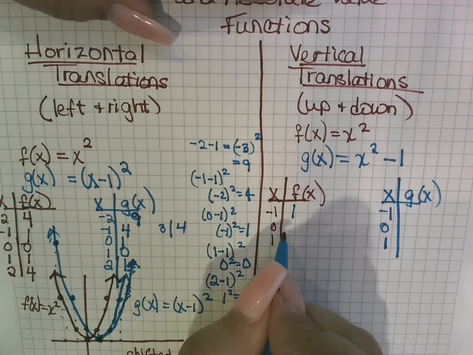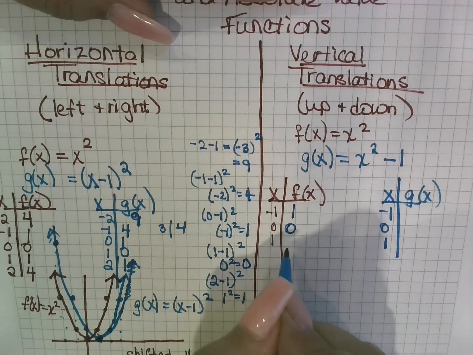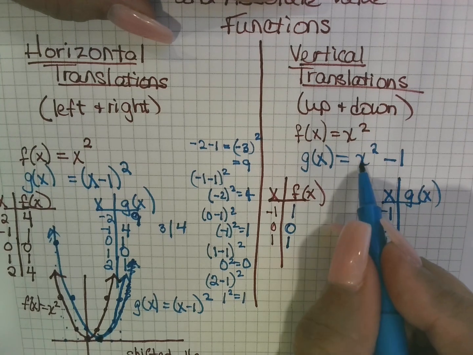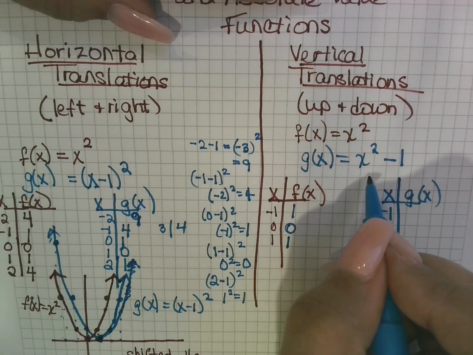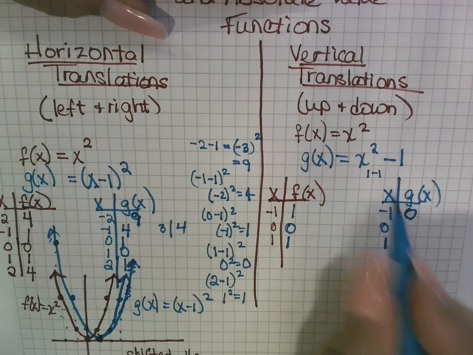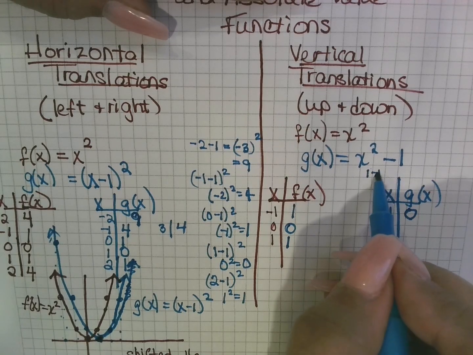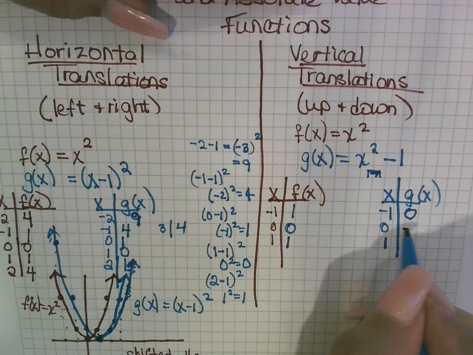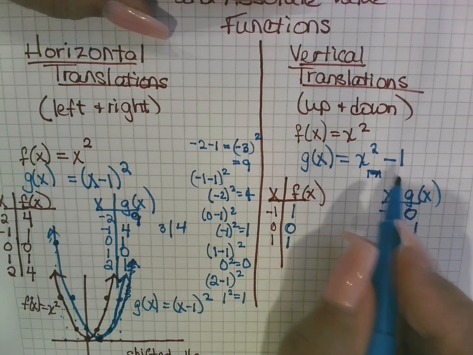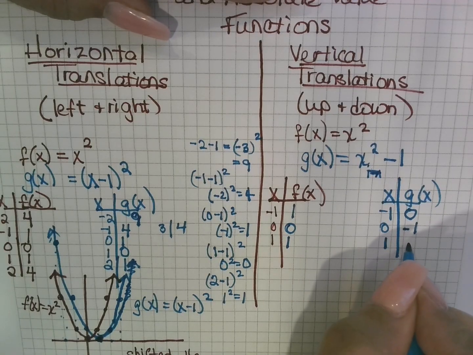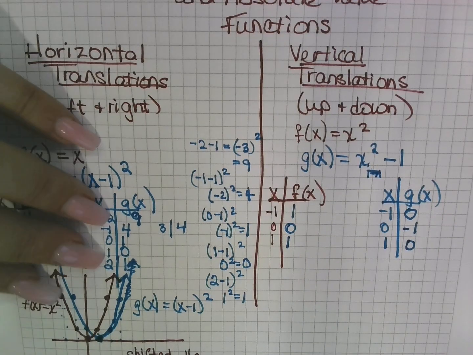If I plug in a 0, that's just 0. If I plug in a 1, that's just 1. Now over here, if I plug in a -1, I get -1 squared, which is 1, and 1 minus 1 is 0. If I plug in a 0, 0 squared is 0, minus 1 is -1. And if I plug in a 1, I get 1 squared, which is 1, minus 1, which is again 0.